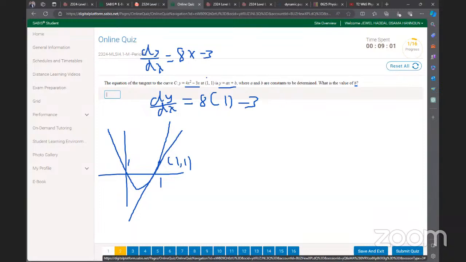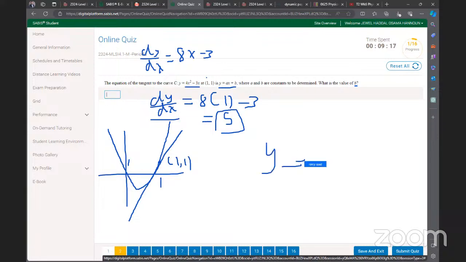So 8 times 1 minus 3, it will be 5. So that means the line which is tangent to the curve at x equal 1, its slope will be 5. This is what dy over dx is about.